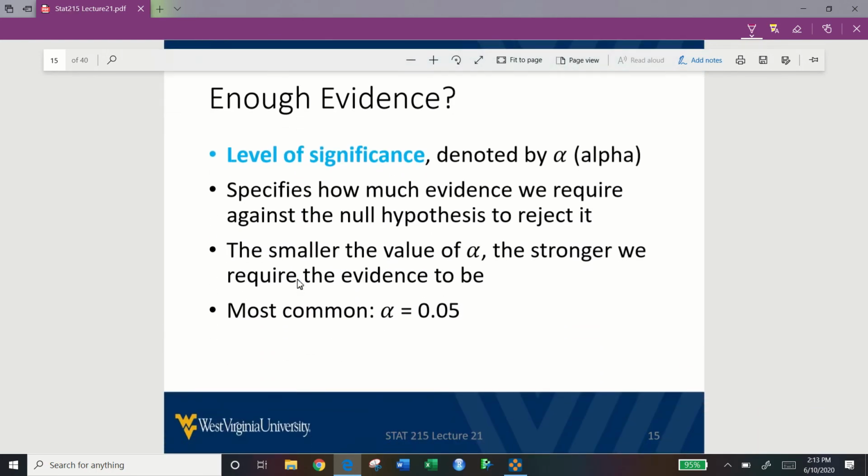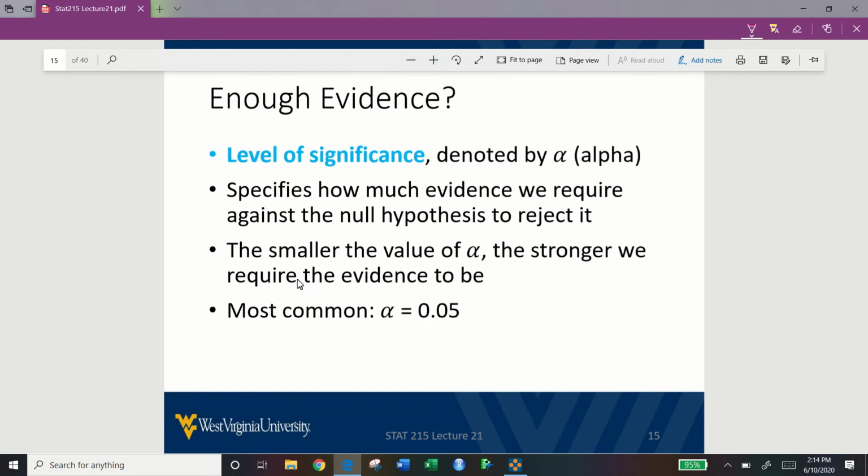Next, we need to talk about what it means to have enough evidence. You'll notice I've used the term significance a lot. Well, the level of significance is actually denoted by alpha. You've seen that value before. And this specifies how much evidence we require against the null hypothesis to reject it. The smaller the value of alpha, the stronger we require the evidence to be.